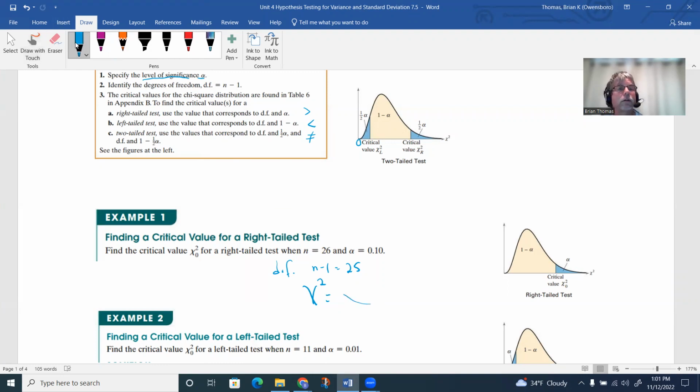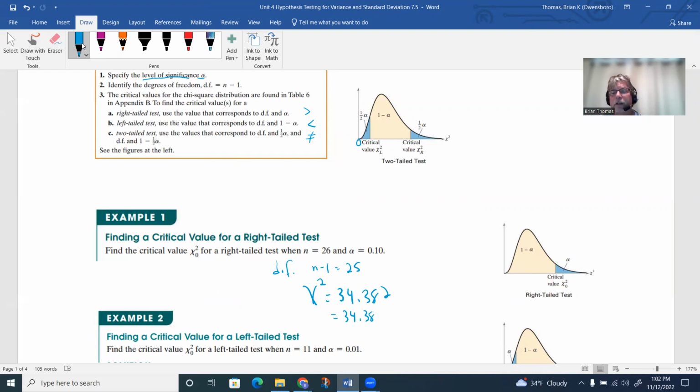So it could be 34.38 or 34.39. Since this is a 2, we just round down to 34.38. So it's going to be our critical value.